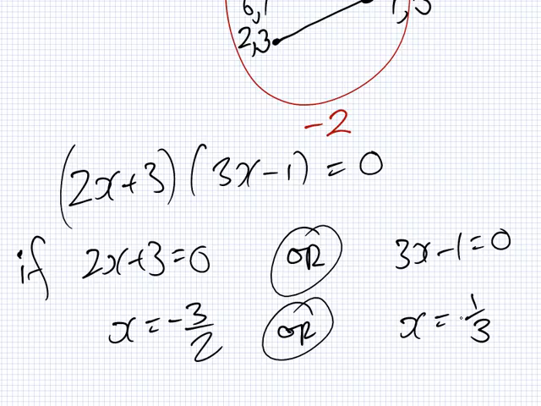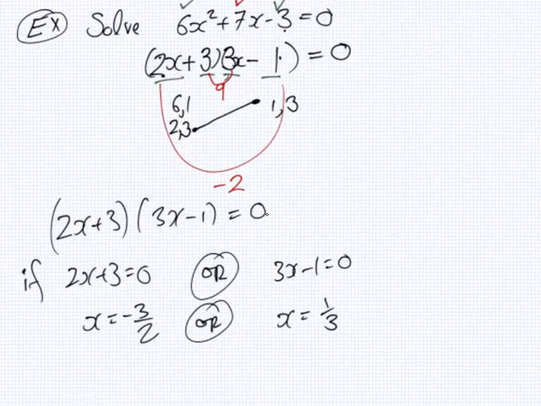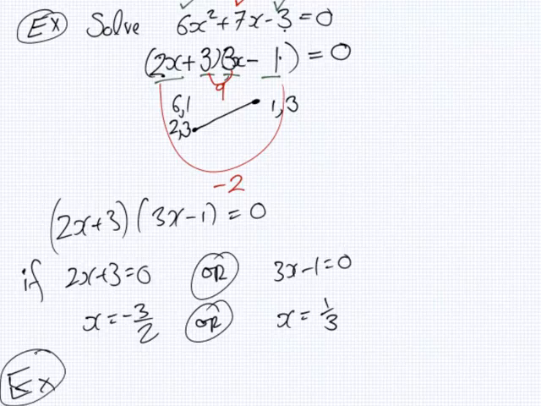Okay. Write this example down, and then I'm going to do this example again, but using a different method. So we'll do the same one again, but using a different method. Okay, so write that first example down.